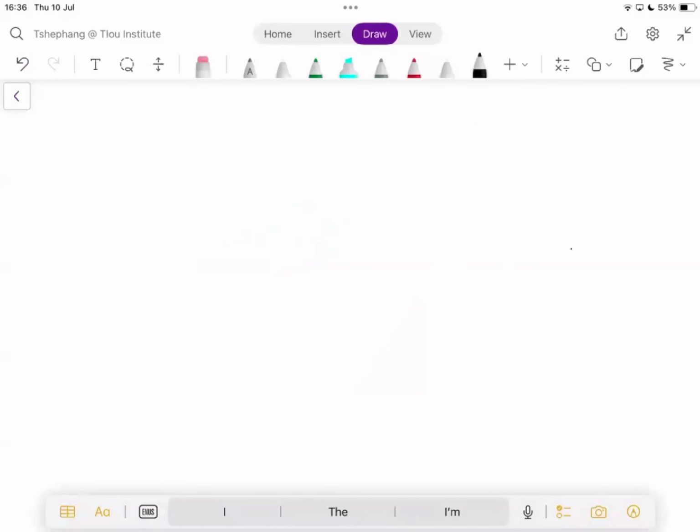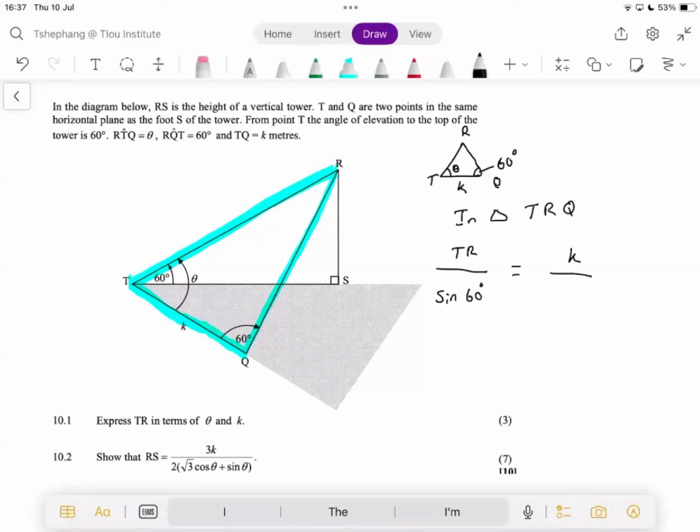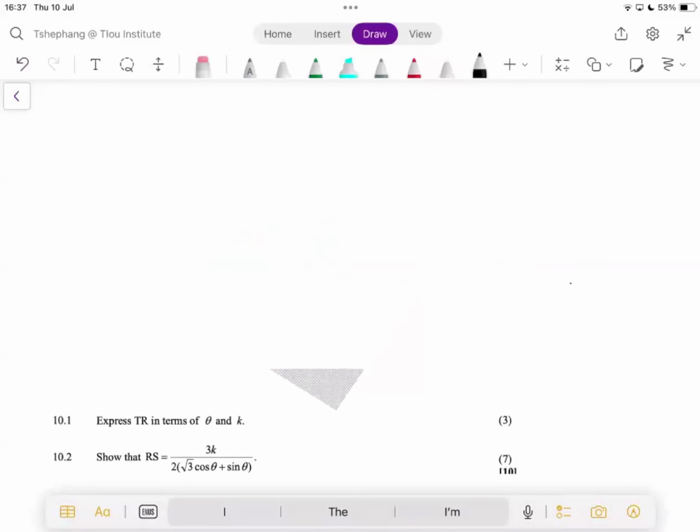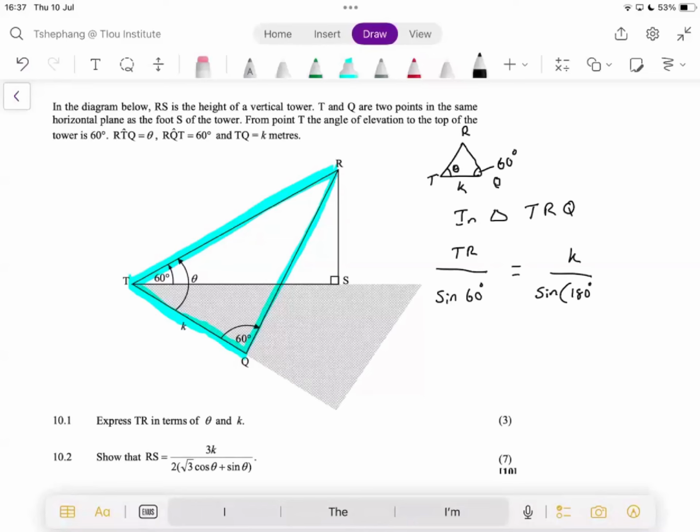Is equal to K over sine of what? 180 degrees minus 60 degrees minus theta.